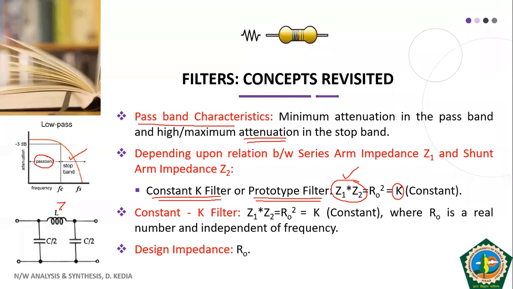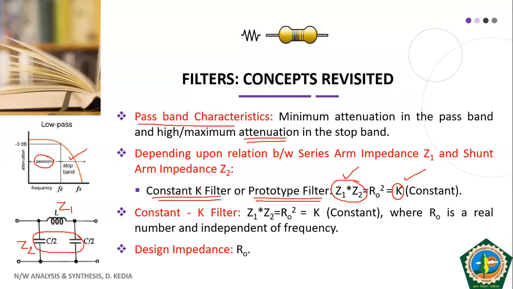Z1 is the series arm impedance of your filter circuit, and Z2 is the total impedance of the parallel arms of the filter circuit. If you multiply those, it will give you some constant value. That's why it is called a constant K filter.